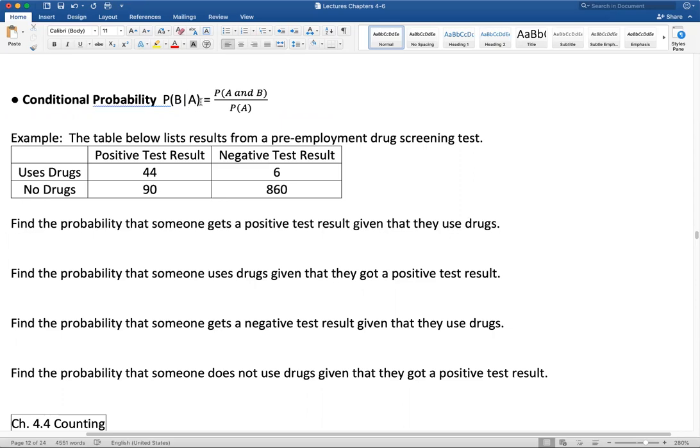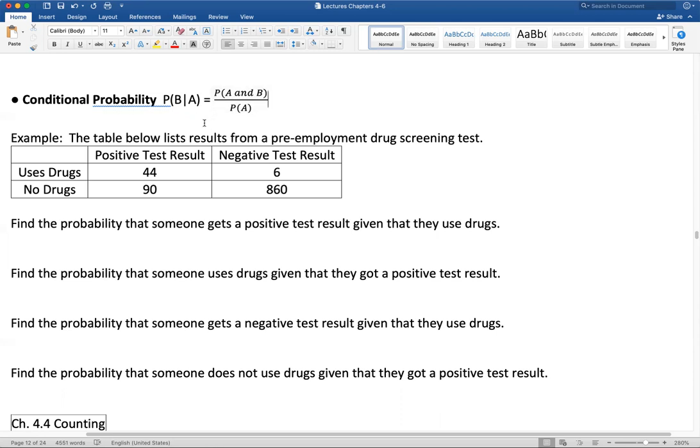Mathematically, how can you find this probability? Here is the formula: P of A and B over P of A.